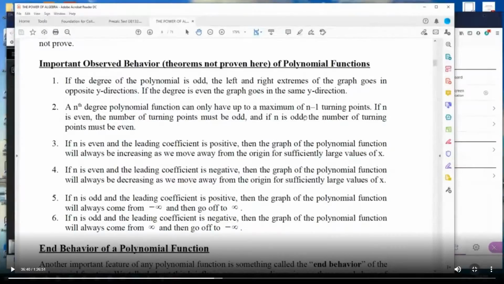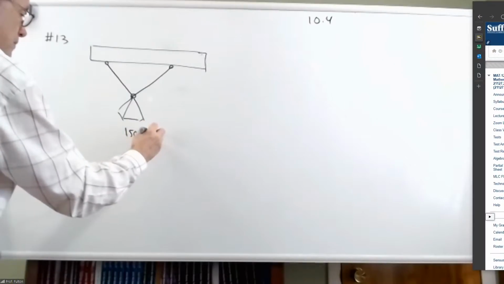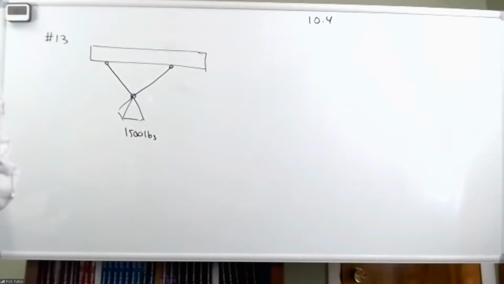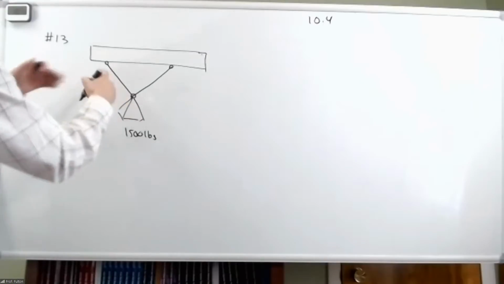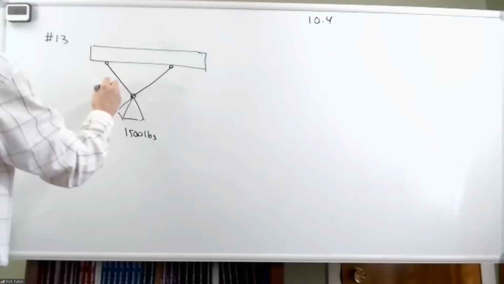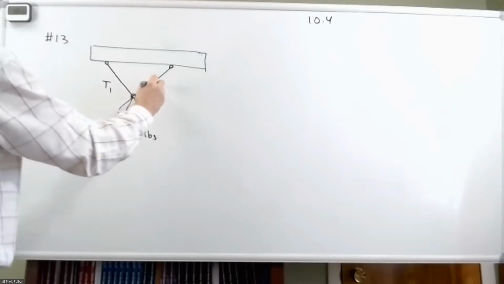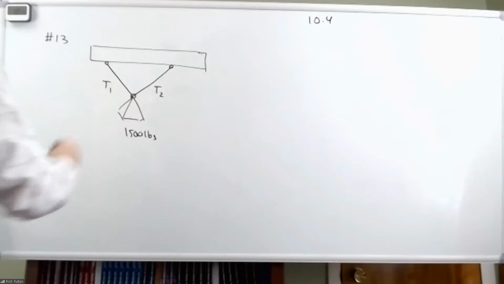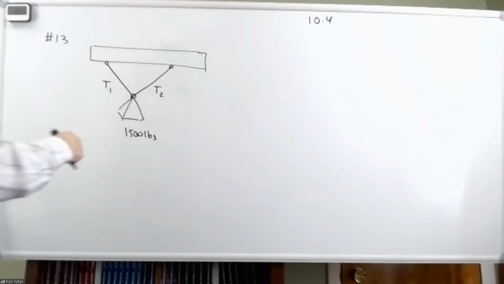This has a 1,500-pound weight on it, and there's tension in this cable, we'll call that T1, the magnitude of a tension. And there's tension in this cable, T2. How much force is pulling on those cables?